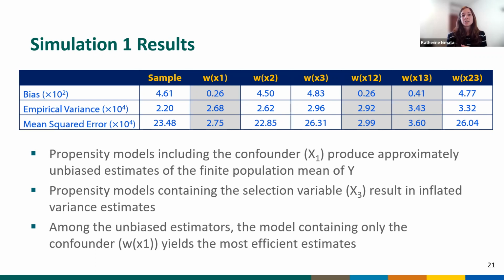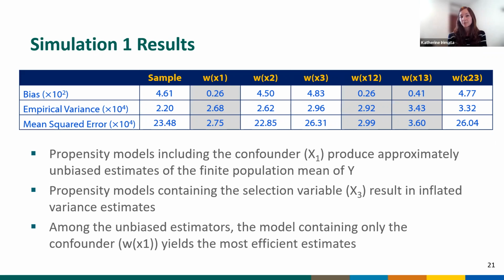So the first thing that we'll notice is that the propensity models that included the confounder, so all of the models that included the variable X1, produced approximately unbiased estimates of our population mean of Y. These columns are highlighted in that light gray color. You can see that compared to the sample, which had a bias of 4.61, these are all multiplied by 100.